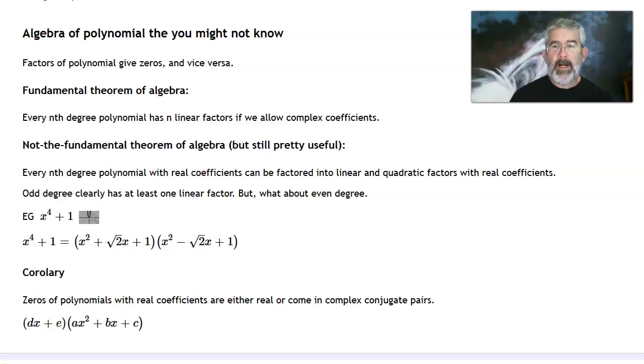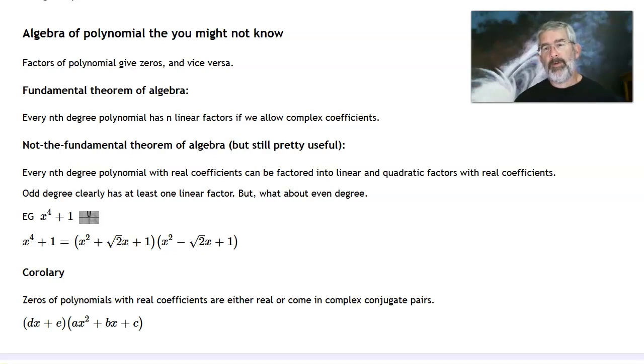Now, the fundamental theorem of algebra. This was proven by Carl Gauss in his PhD thesis. It does not say, but is essentially equivalent to, every nth degree polynomial has n linear factors if we allow for complex coefficients. Actually, what Gauss proved was that every nth degree polynomial has one linear factor.